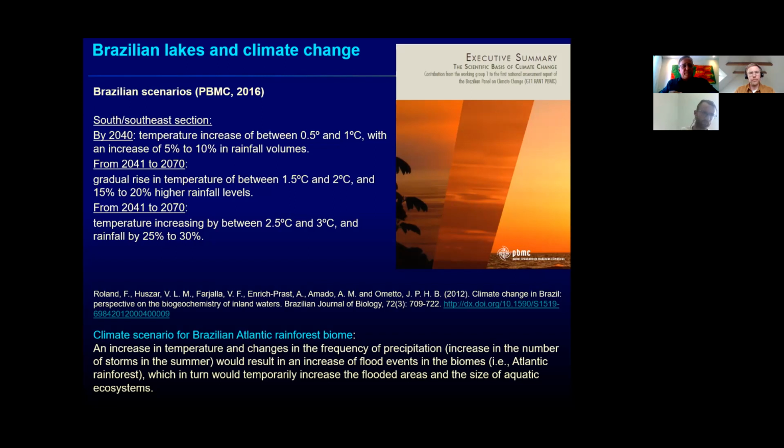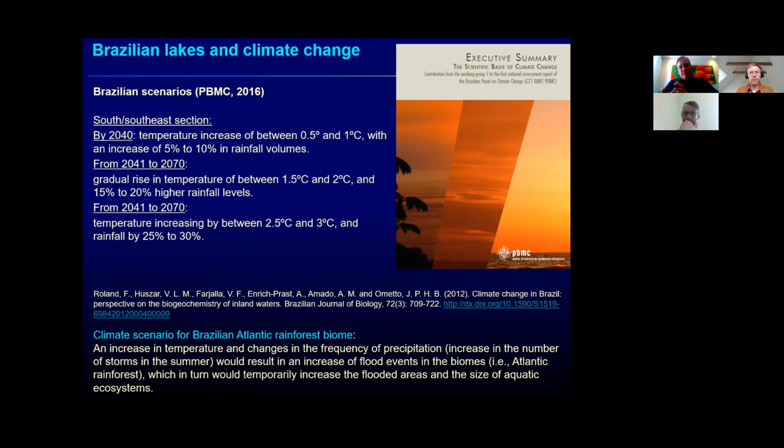And they proposed this scenario with rising temperature and changes in the frequency of precipitation, increasing the number of storms in the summer, resulting in increased flooding events in the biome, which in turn would temporarily increase the flooded area and the size of aquatic ecosystems.